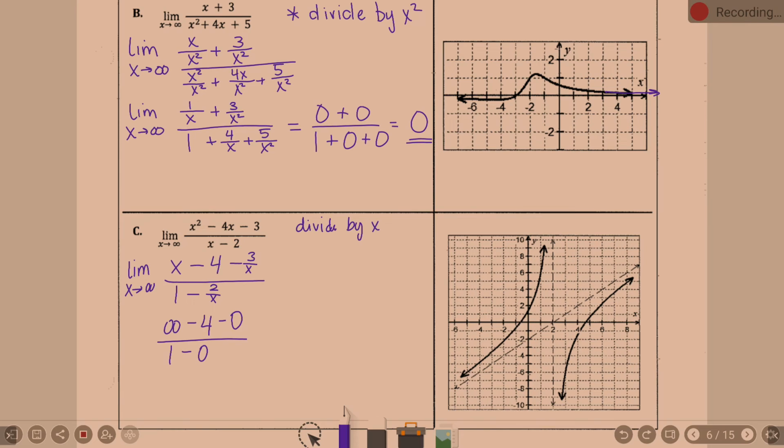Well, generally speaking, what's that going to be? Infinity. If I take infinity, a really huge number, and really, infinity is not even a number, it's the idea of approaching infinity, and I subtract 4, we're still approaching infinity. And we divide by 1, that doesn't change anything. So this is going to end up being infinity.